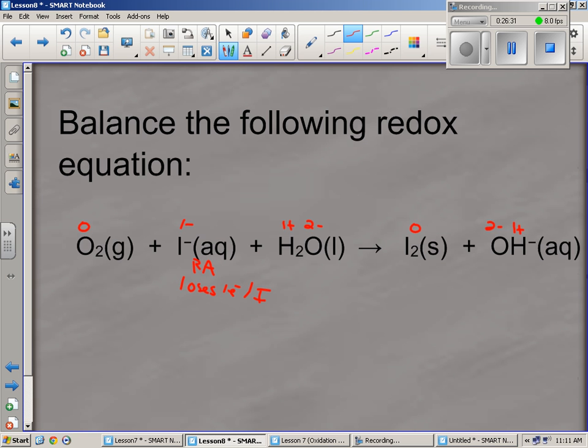Don't care about that side. Just this, right? Remember, I told you, the only thing you're using is the left side, the reactants, not the products. How many electrons am I losing? Losing 1. Per this. So that's it. This loses 1 electron. Okay? Because there's only 1 on the left side.